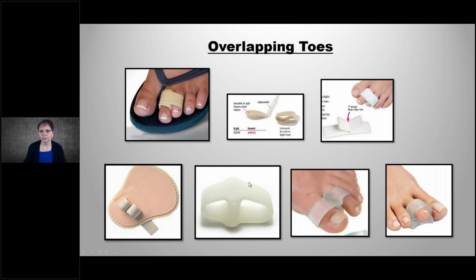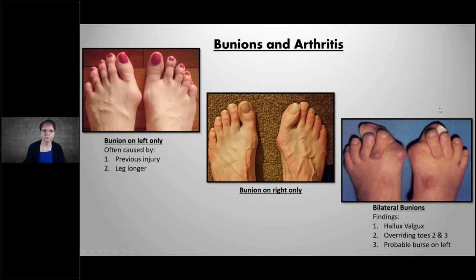It's just personal preference. Maybe it's easier to get on for them. Maybe it doesn't take up room in their shoe. Maybe, I don't know. But that's why you need to know different options for them, because overlapping toes can certainly be painful and can create enough rubbing that it can cause wounds as well. So lots of options to get those overlapping toes down.